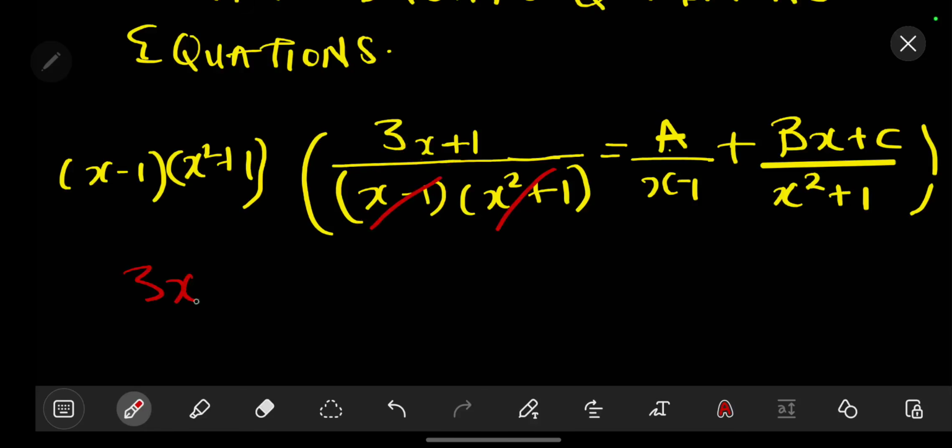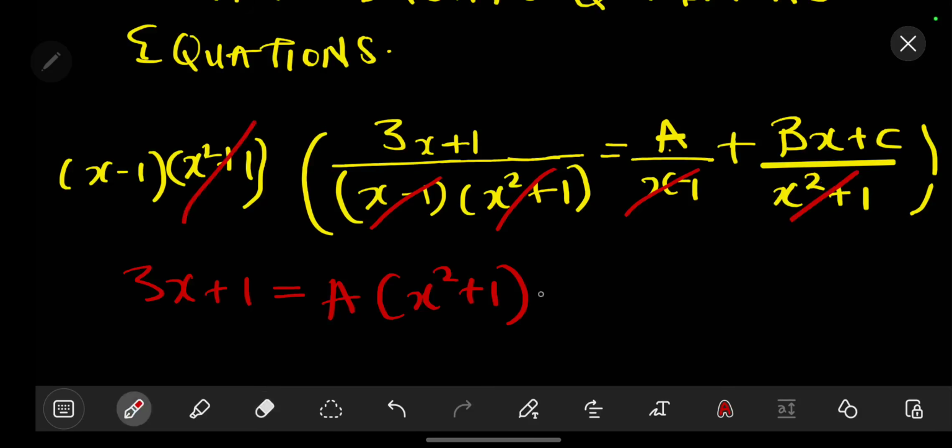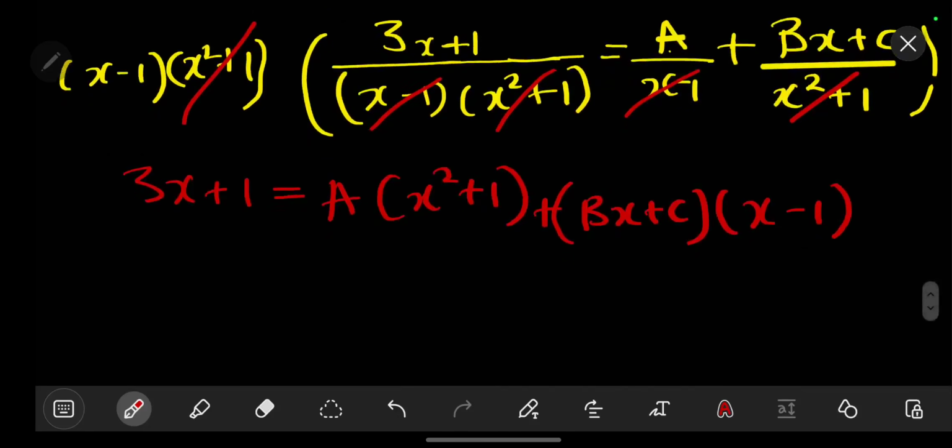We end up with 3x plus 1 equal to a, open brackets, x squared plus 1. For the second part, the other part cancels, so we have plus bx plus c, multiplied by the remaining x minus 1.